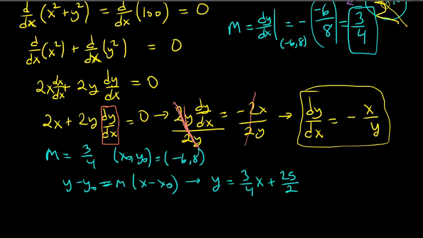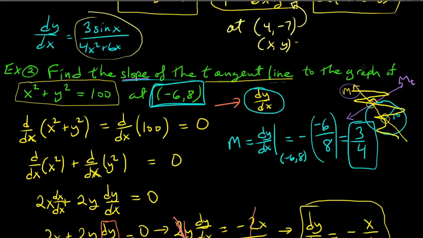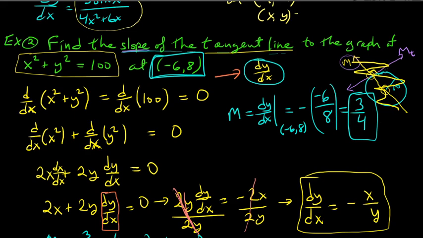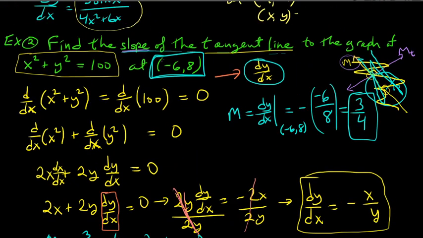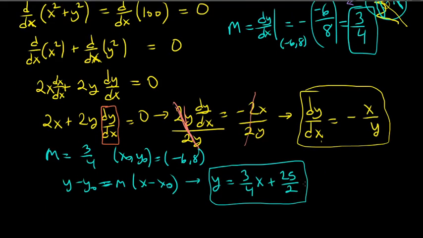Because I think that's 12.5. That's the y-intercept. So it's the same answer we got on practice test 1 by using this trick up here that I'm erasing because it's not necessary now. Now we know how to take derivatives implicitly. Okay, so the answer here, the slope is just 3/4. And the equation of the tangent line is this.